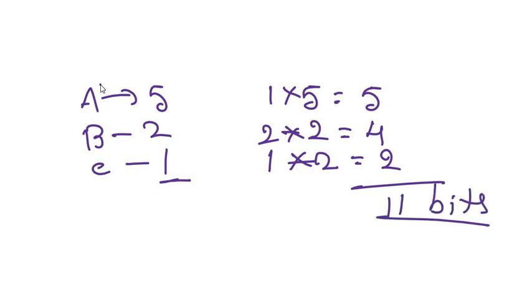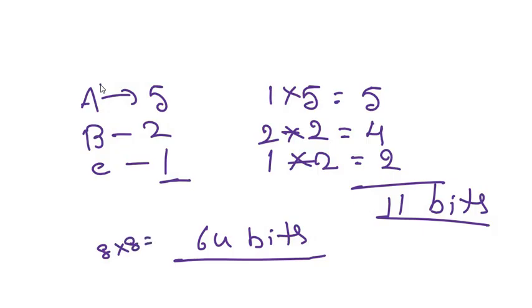So 5 plus 4 plus 2 is equal to 11. Initially, the original message has 64 bits. That is the ASCII value into the number of characters, which is equal to 64 bits. Now we have reduced the total size to 11 bits, but there is no loss of data.